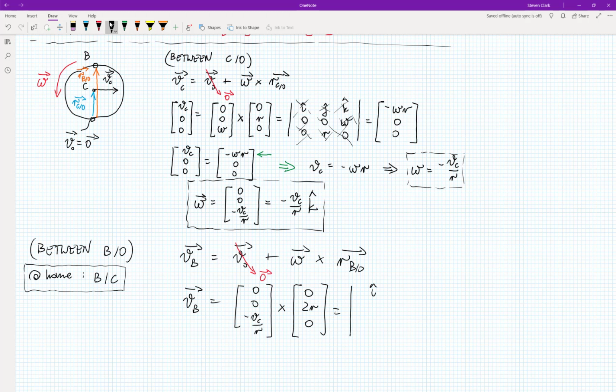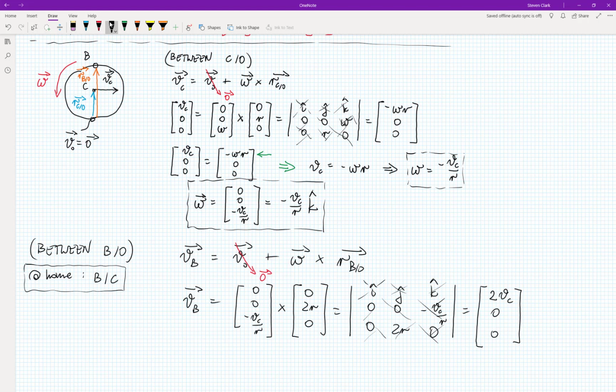Determinant. I assume that you know how to solve such determinants. So this will be (2VC, 0, 0). Okay, we found our VB.